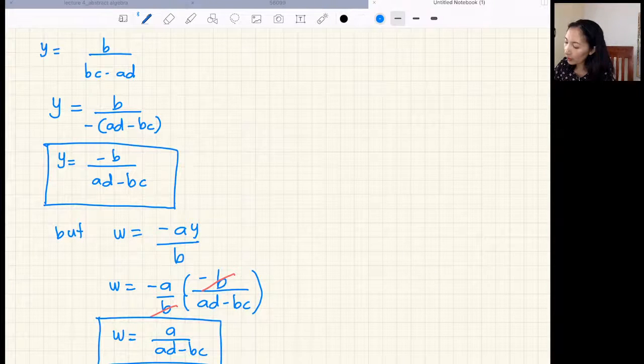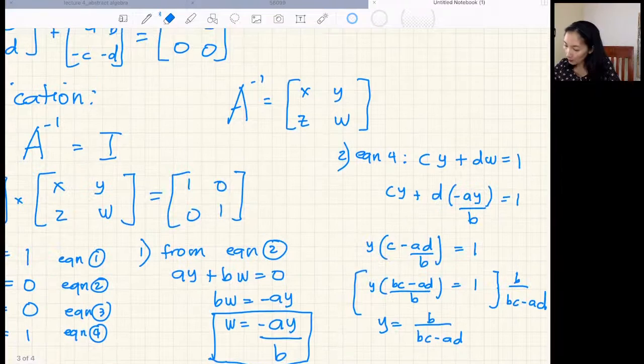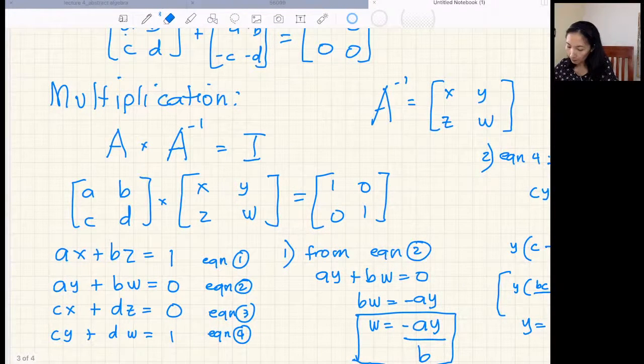What else are we going to find? X and Z. So we still have to look for X and Z. Now going back, equation number 3.